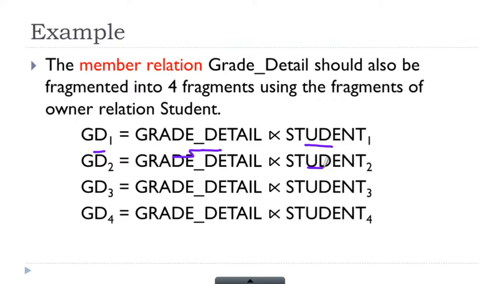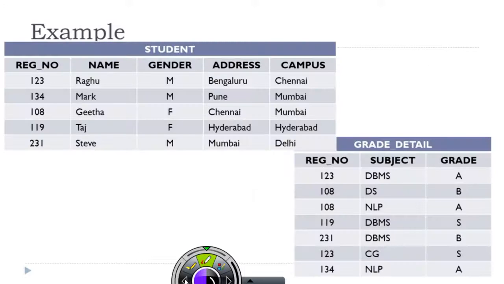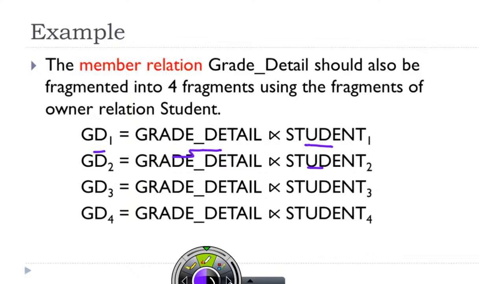The common attribute, the student register number, is common in both relations, and these are compared.